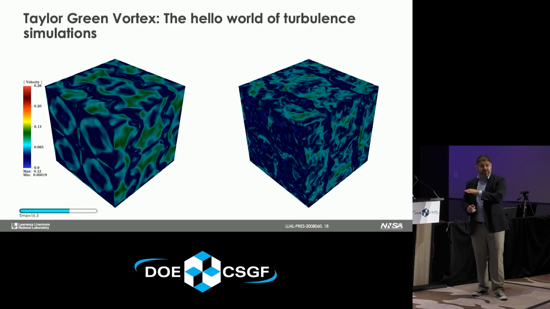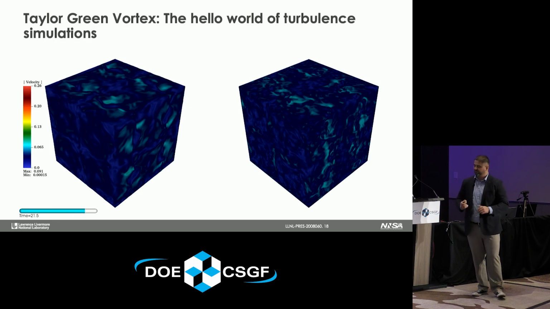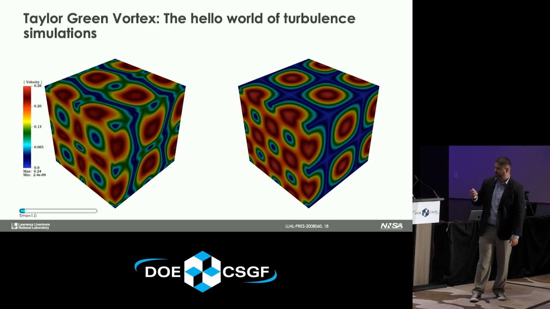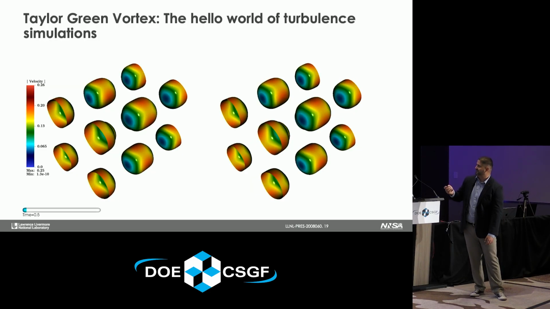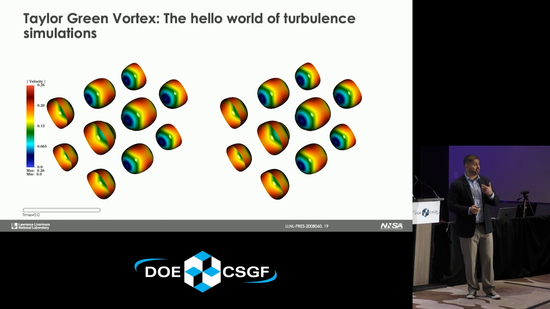This problem doesn't occur in nature, but it's a good exercise. It's a good smoke test for numerical codes because capturing this transition is actually a fairly difficult process. Now these things that look like eyeballs, this is something called the Q criterion, which I implemented in the code, and it's a way of identifying turbulent structures.